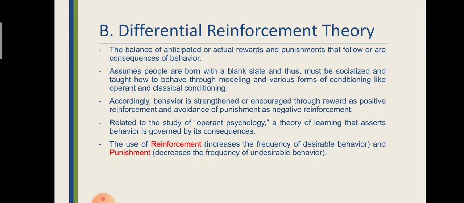So, in order for the person to learn a certain behavior, he should be socialized in the form of conditioning like operant and classical conditioning. So, accordingly, behavior is strengthened or encouraged through reward as a positive reinforcement and avoidance of punishment as a negative reinforcement.